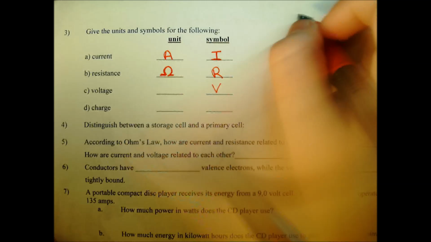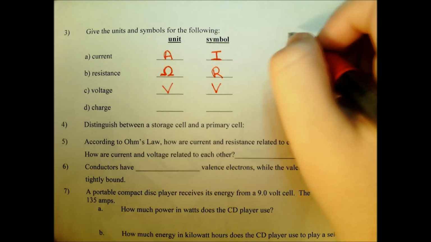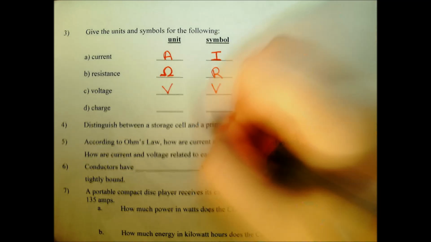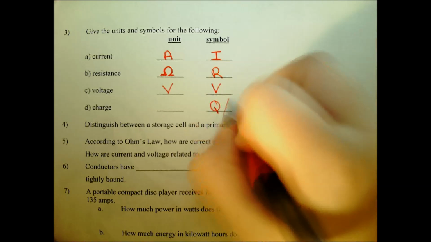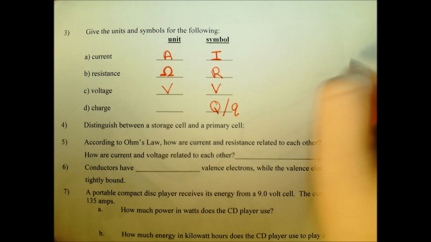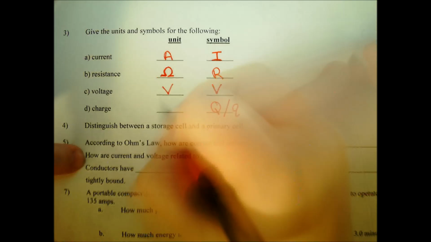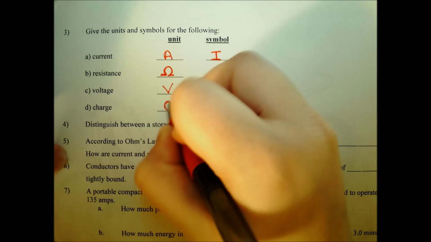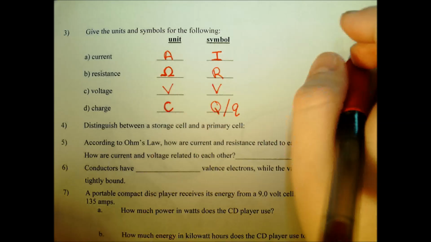Its symbol is an uppercase V. Its unit is volts, which is also an uppercase V. Charge, we use the symbol Q, sometimes also little q. The county is really weird about when it uses big Q and when it uses little q, and that has a unit of coulombs, which is represented by C.